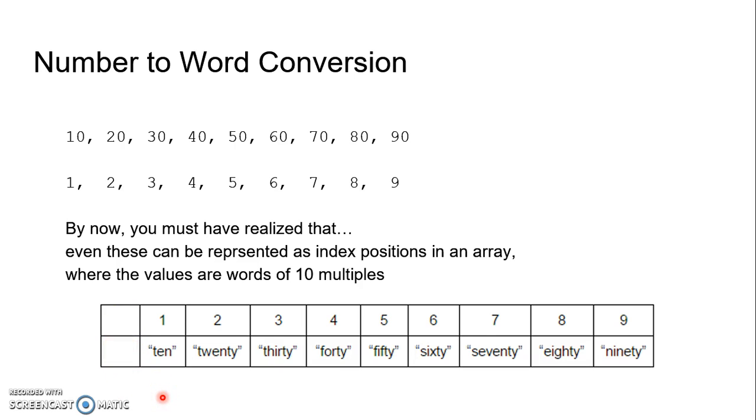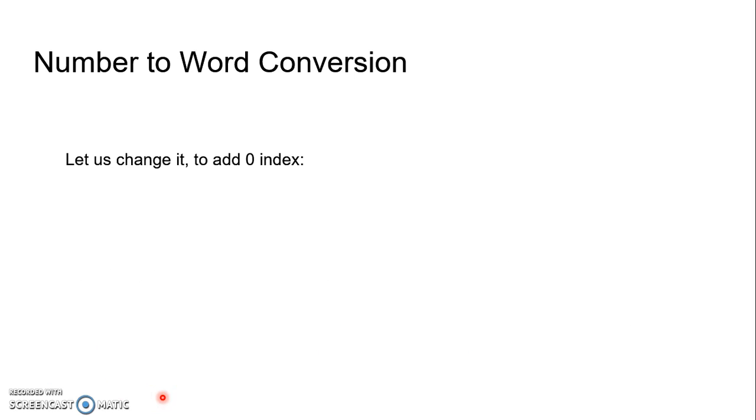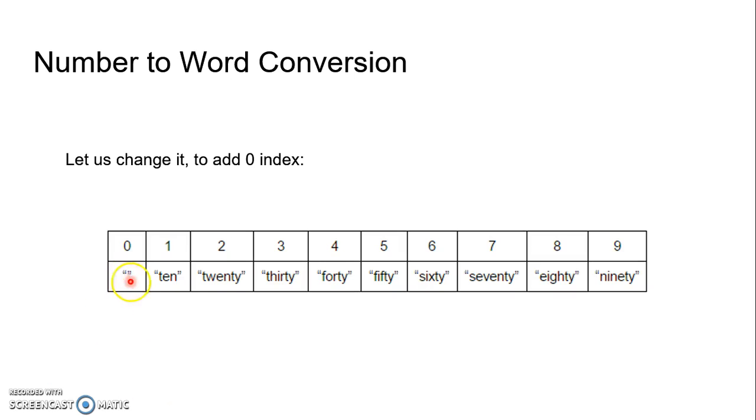So let us modify it further down, and we will get this. I am providing an empty string for the 0 index, so that even if the empty string is returned to the result text field, of course it won't bring much difference. So this is why the empty string is here. This is our complete array.